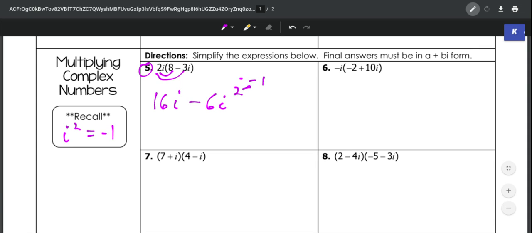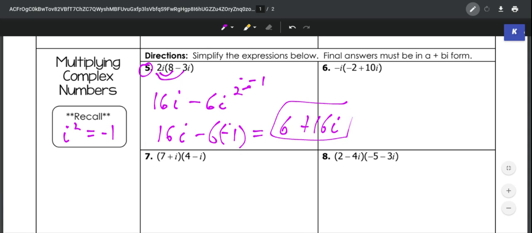So this is really going to be 16i minus 6 times negative 1. You want your i term to go second, so we're going to rewrite this. Negative 6 times negative 1 would give us a positive 6, plus 16i. So that's what it would look like when you're distributing them.